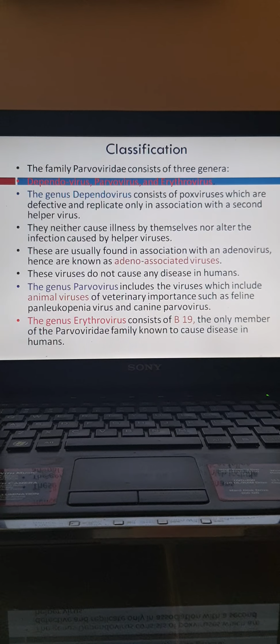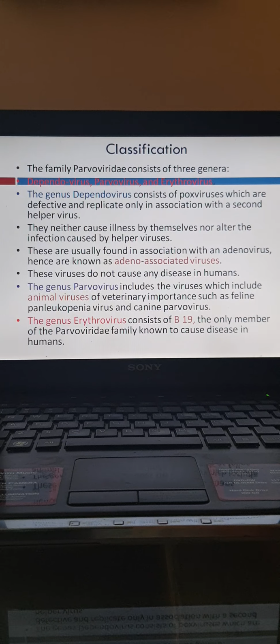So the family Parvoviridae consists of three genera: Dependovirus, Parvovirus, and Erythrovirus. The genus Dependovirus, you can understand from the name itself, means that it depends on a second helper virus to replicate. It cannot replicate on its own.